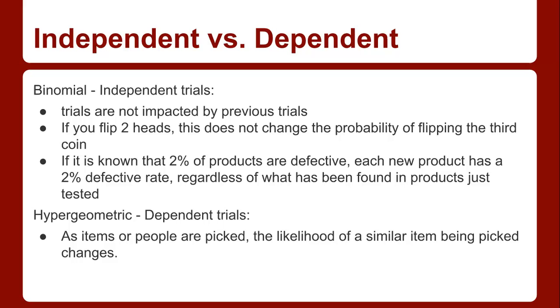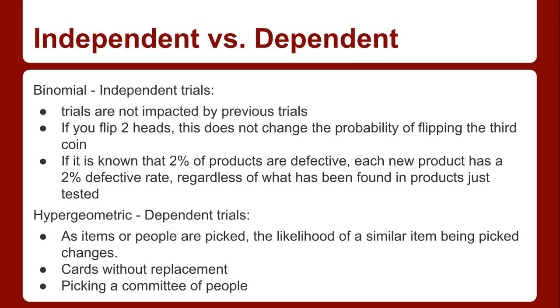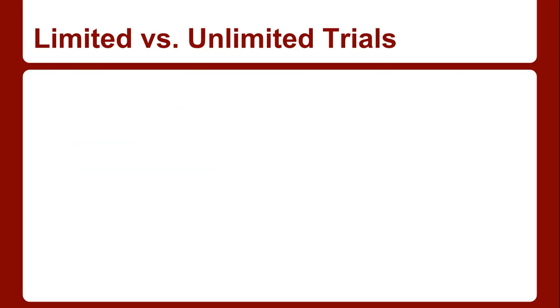The trial before impacts the next trial. Cards without replacement is the most common thing we look at. Picking a committee of people is another common example of hypergeometric, because one person can't be picked twice: if they're in the group, they're in the group.